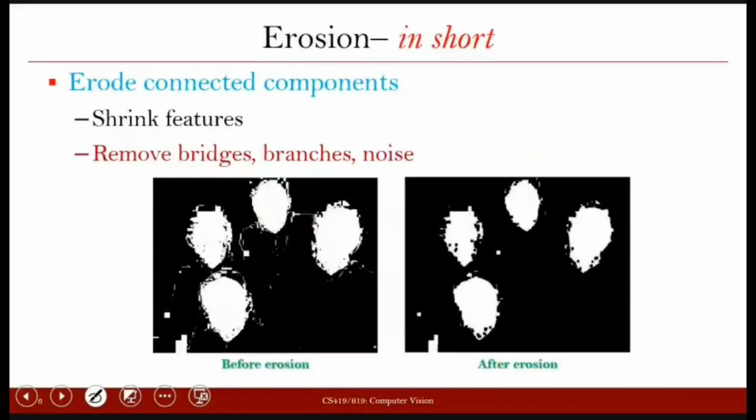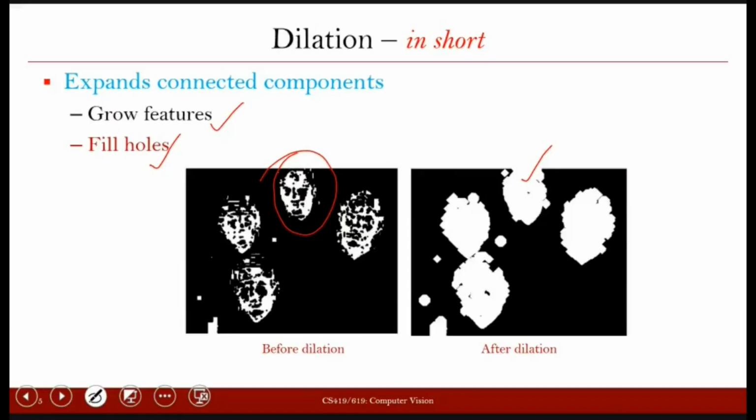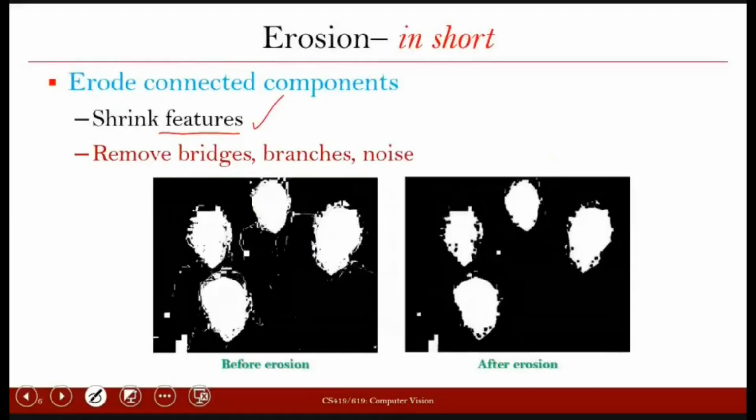In the case of erosion, when this operation is performed on binary images, this shrinks the features. Whenever we say feature, this basically means the pixels which are representing the foreground object. So in the last slide also we mentioned features. These features are nothing but the pixels which are representing the foreground object.